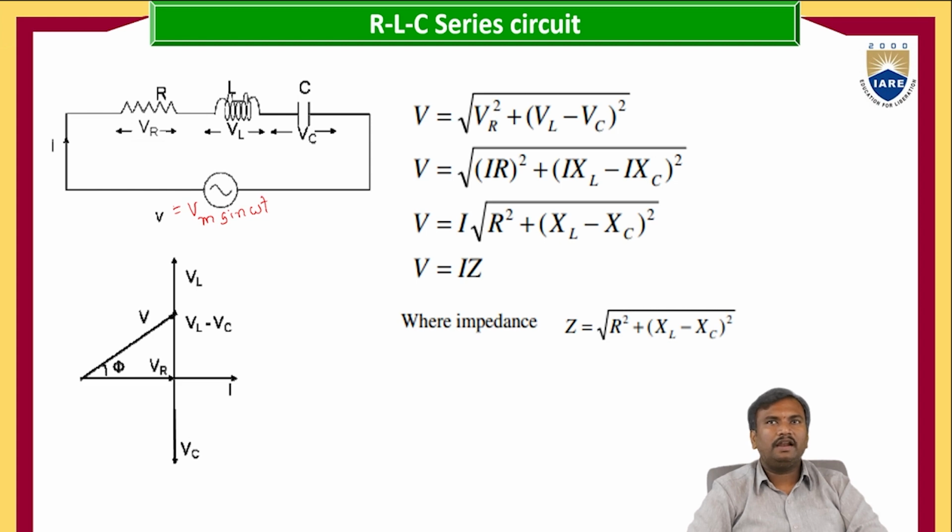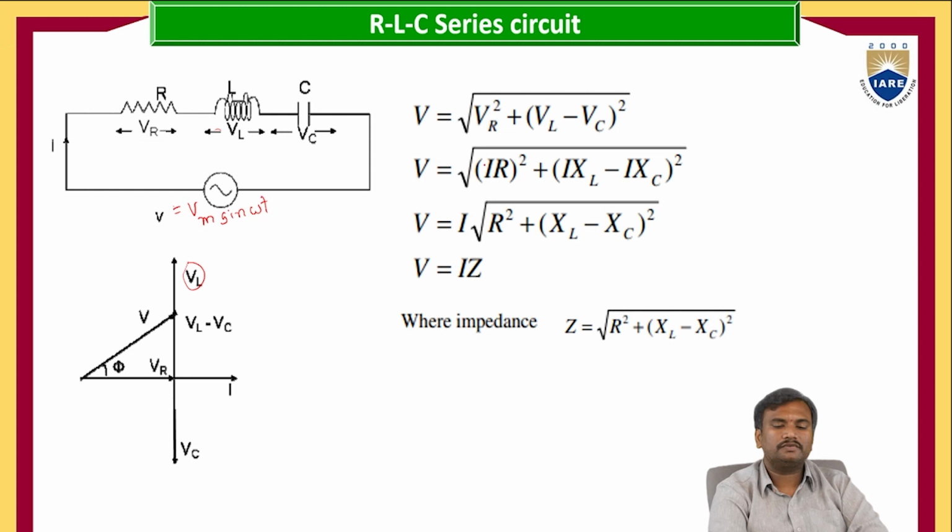So across the LC series combination, we are going to get the resultant voltage as VL minus VC, because here we are assuming that the VL value has higher magnitude. So V is equal to square root of VR square plus VL minus VC whole square.